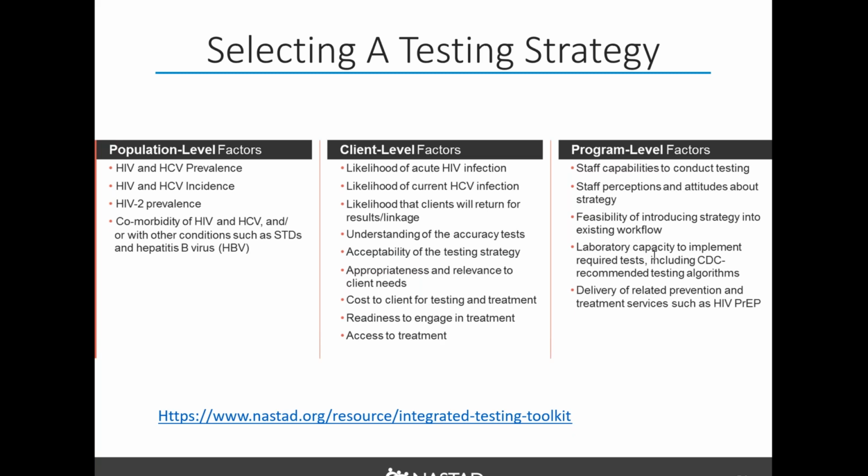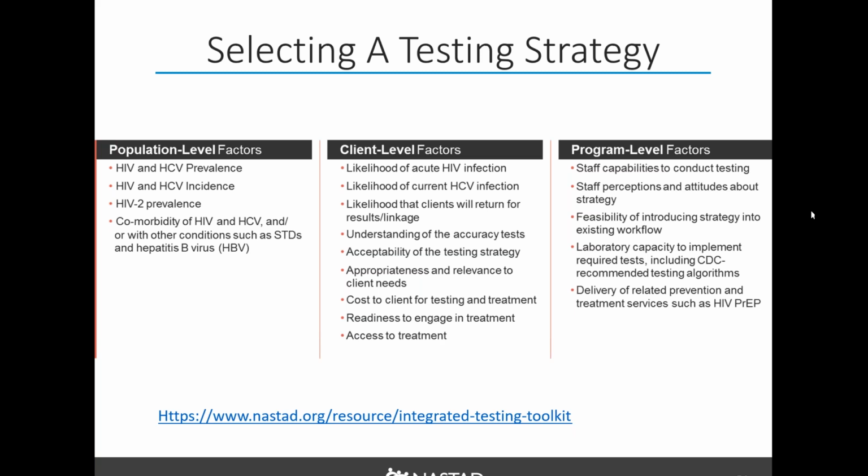And so what you see here on your screen is another tool from the integrated testing toolkit that Anne referenced. And while the testing toolkit was specific to supporting integration of HIV and hepatitis C, the tools in it actually can be used for either HIV or hepatitis C testing and linkage programs independently or as strategies or tools to support an integrated strategy.